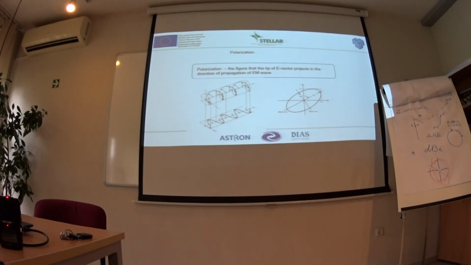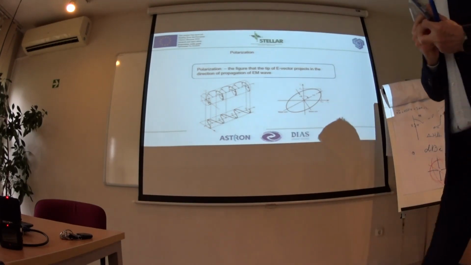So a perfect circle is not easy to make. You need perfectly 90 degrees phase difference and a perfectly equal split of power between these two sources. These are the two conditions to make circular polarization.